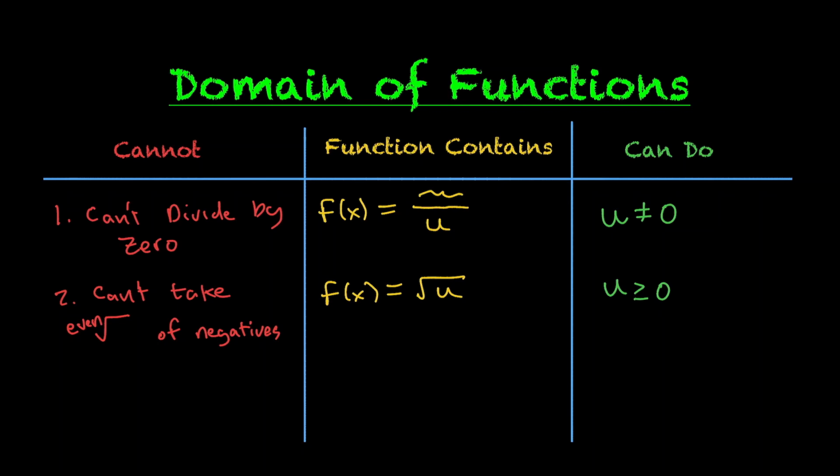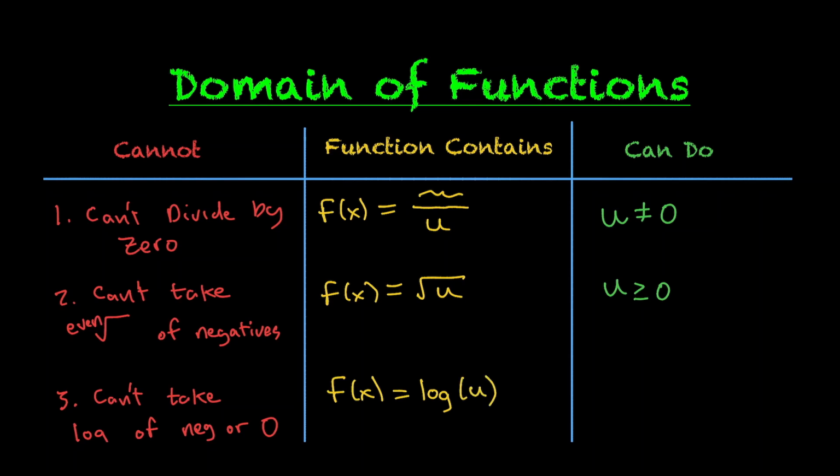Okay, so are there any other things that we can't do in math? Well, the third thing that we generally can't do in math is we can't take a logarithm of negative or 0. Okay, so that means that if our function has a logarithm in it, it doesn't really matter what the base is, I really just care about what's going inside there.